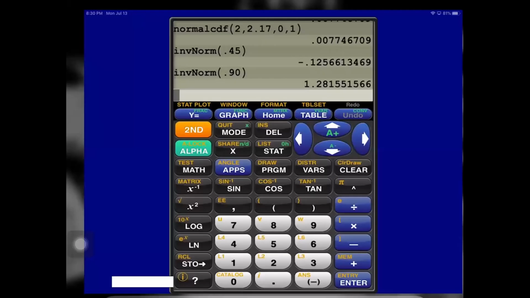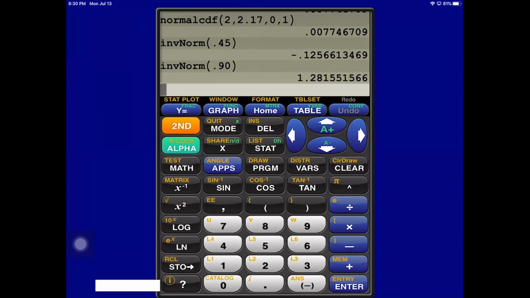So let's see what happens if we had made a mistake and didn't do the complement rule, where we said 1 minus 0.10 gives 0.90. Say we just put 0.10 and we get this. What's the difference between inverse norm 0.90 and inverse norm 0.10?